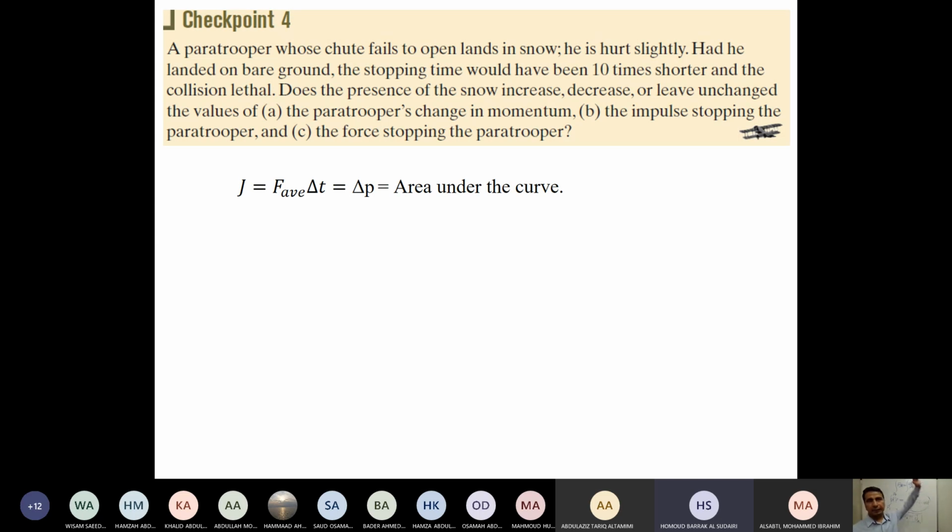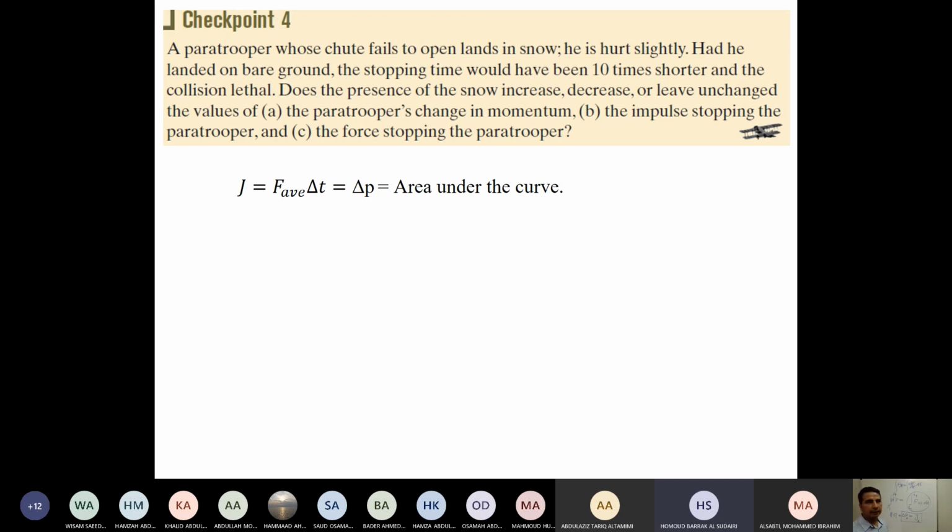If he is coming diving from the sky, then he has some speed before touching the snow, right? Accordingly, he had some momentum. That speed and that momentum do not depend on whether he is landing on the bare ground or in the snow. That momentum will be the same.